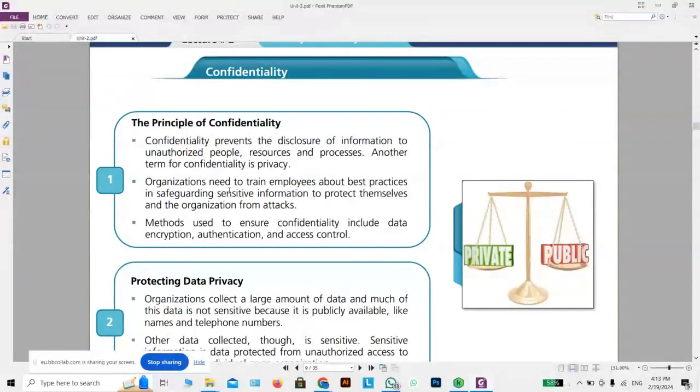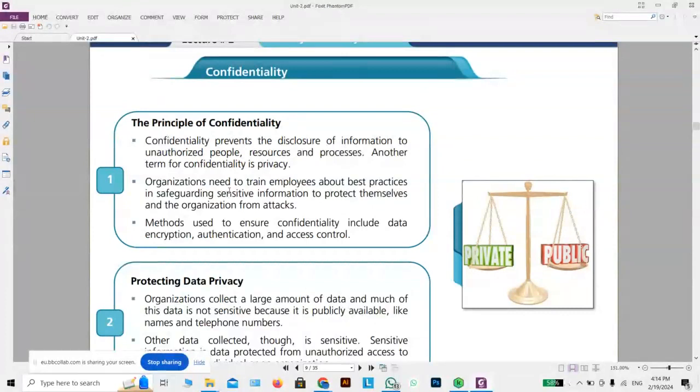For example, if you're going to the hospital, the hospital has all of your details. You never let anybody see all of the details except the one who is authorized to know about your disease and can prescribe you some medicines. This is just an example.